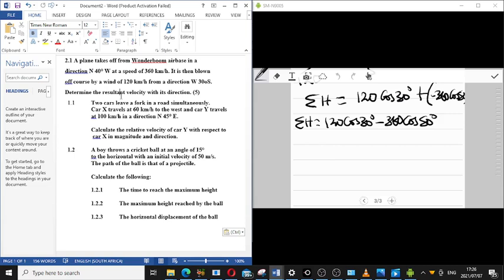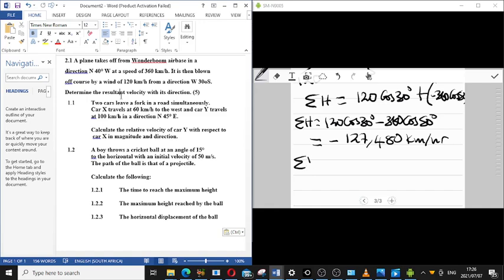In order to look for the answer, it will be, in brackets, 120 cos 30 minus 360 cos 50 degrees. This one we're going to get minus 127.480, which is kilometers per hour.